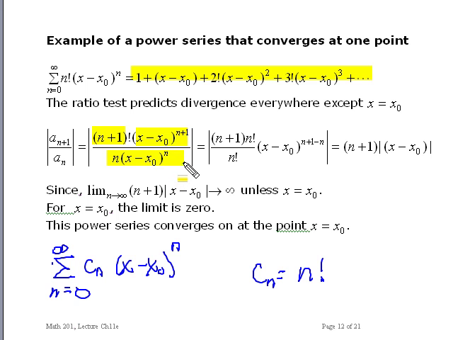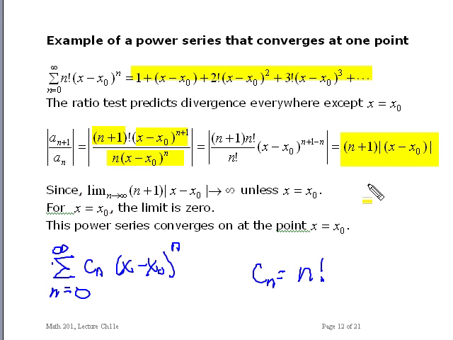Right. So obviously I can do some arithmetic here. I can subtract the exponents on the x minus x naught terms. I can expand the n plus 1 factorial into n plus 1 times n factorial and cancel the n factorials. And here is the result of the ratio test. N plus 1 times the absolute value of x minus x naught. Right.